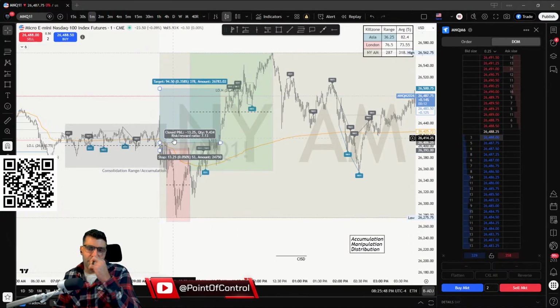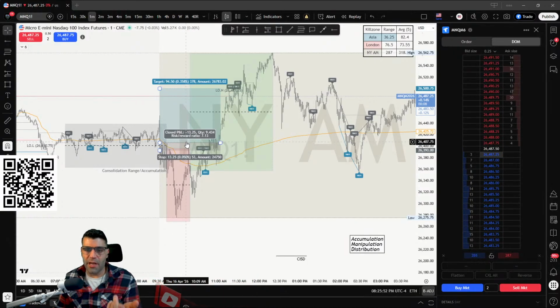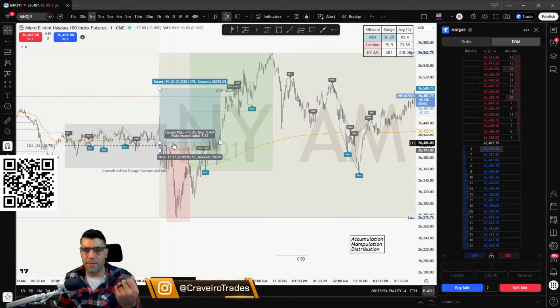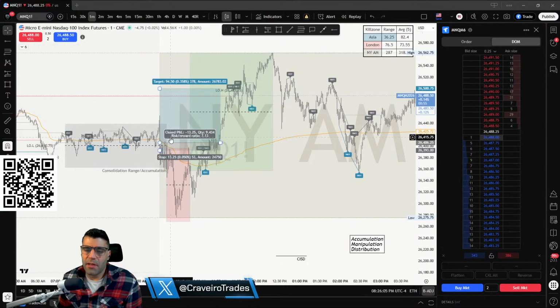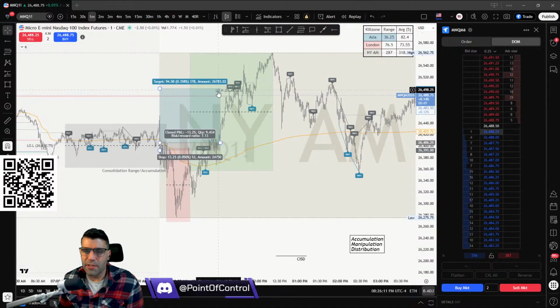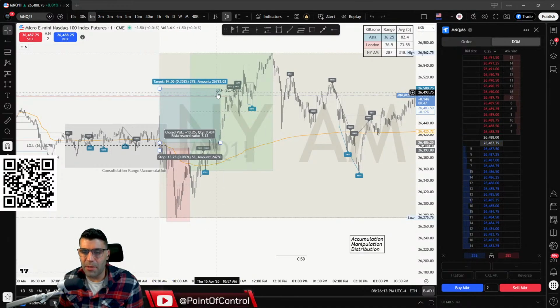If you're taking a long, you're now borrowing, you're writing an IOU that you're buying a share, or however many micros or minis that you're trading. So you're purchasing shares, and say you purchase an IOU that you're going to buy shares and you're going to sell them at a higher price or a premium.